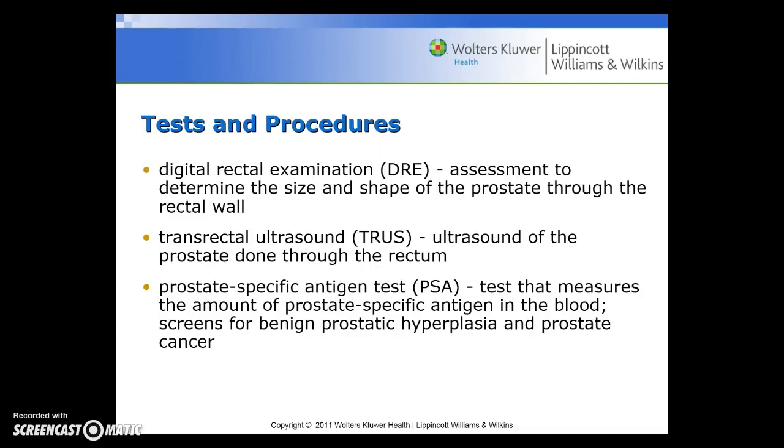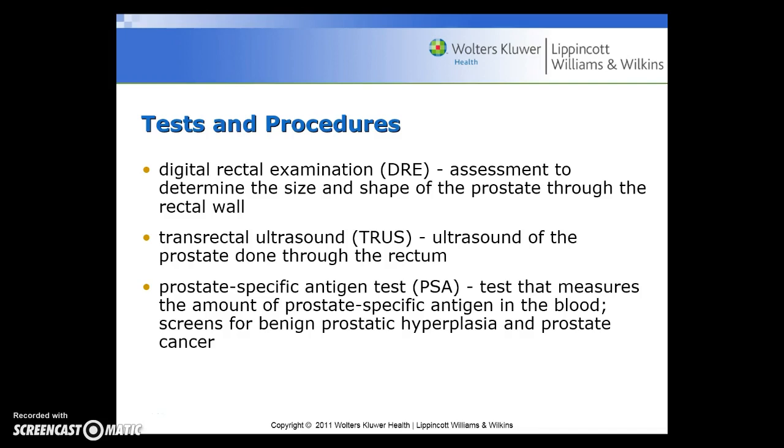So what are some common tests and procedures for this system? Digital rectal exam, or a DRE, is the assessment to determine the size and shape of the prostate through the rectal wall. A transrectal ultrasound, or a TRUS, is the ultrasound of the prostate done through the rectum.